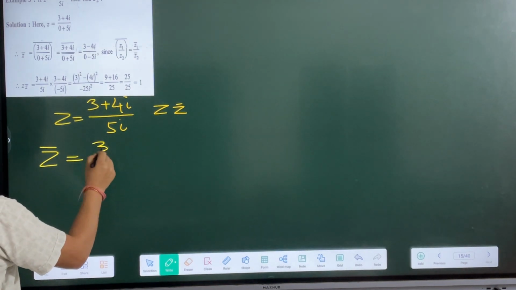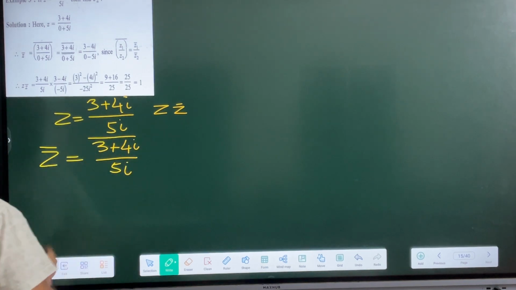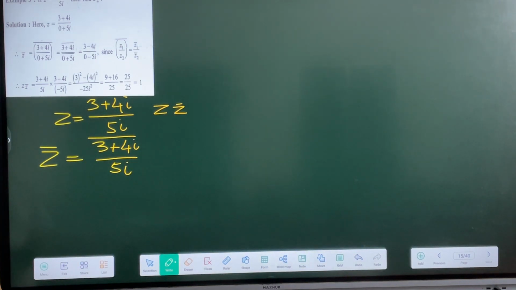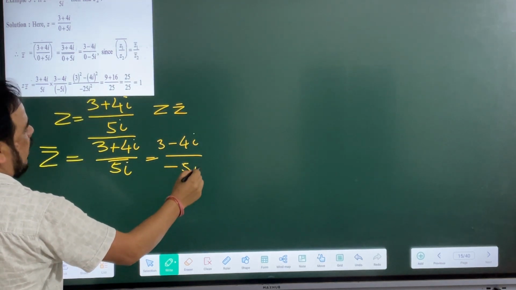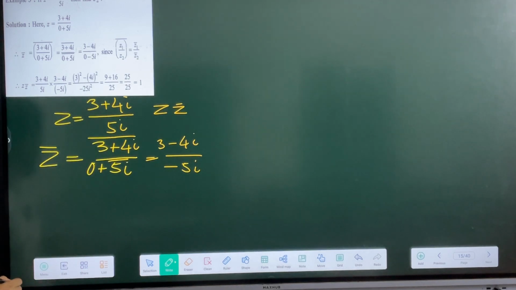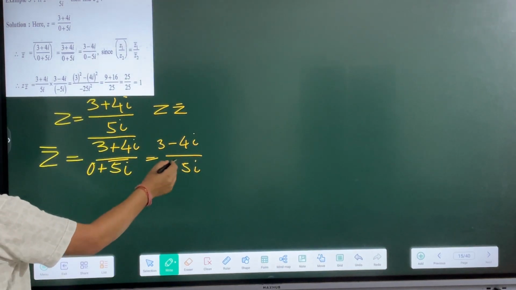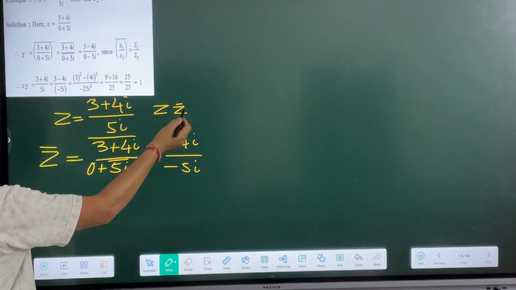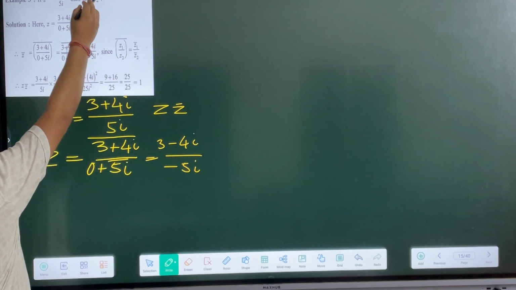Z bar means 3 plus 4i by 5i, bar. So 3 minus 4i, this is minus 5i. Think that this is 0 plus 5i. This is minus 5i. So Z bar we have got, Z we have got, we will multiply. Just to multiply only. Z into Z bar we have to find out.